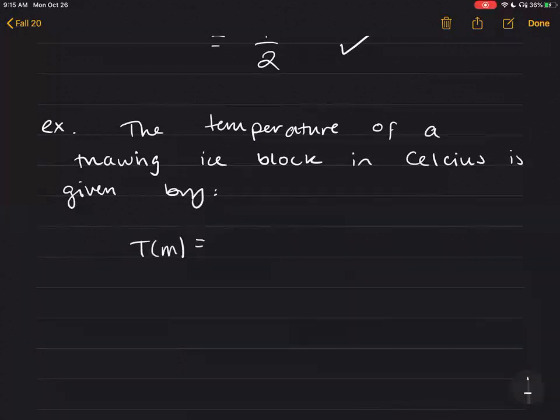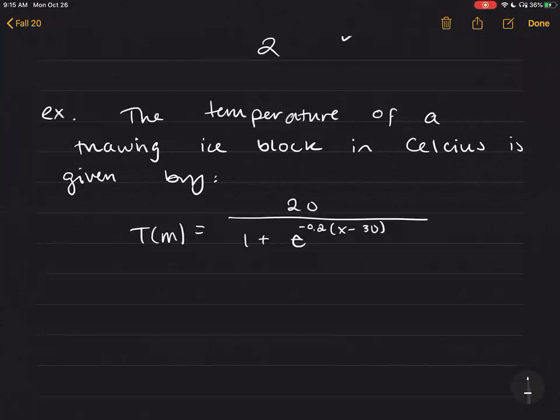T(m) is going to be 20 over 1 plus e, which I'll explain in a minute, to the power of negative 0.2 times m minus 30. So this is a nasty function, right?